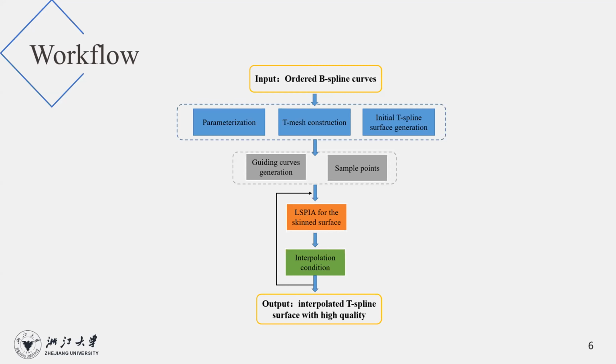Next, several guiding curves are generated to obtain a visually pleasing shape for the scaling. At the same time, we sample some data points on the guiding curves for fitting. And then the least squares progressive and iterative approximation method and interpolation constraint are performed for the skinned surface until the quality satisfies the requirement. At last, an interpolated T-spline surface with high quality is generated.